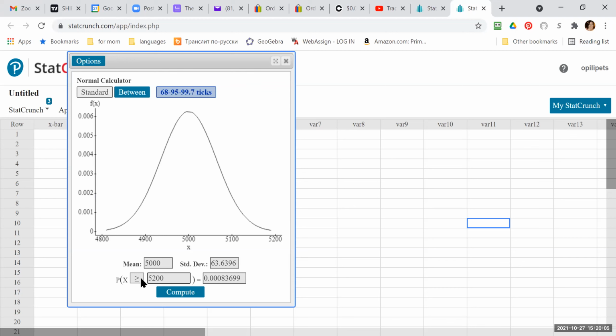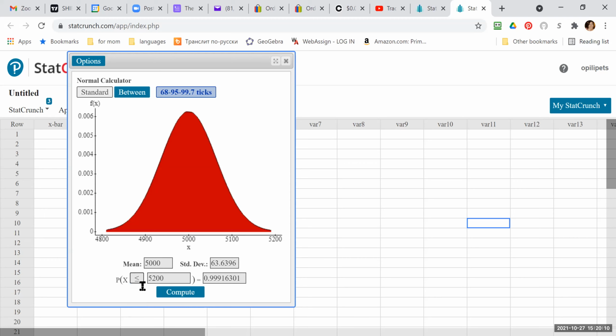And I'm looking for the probability that it's going to be less than or equal to that value. So that probability is 0.9992.